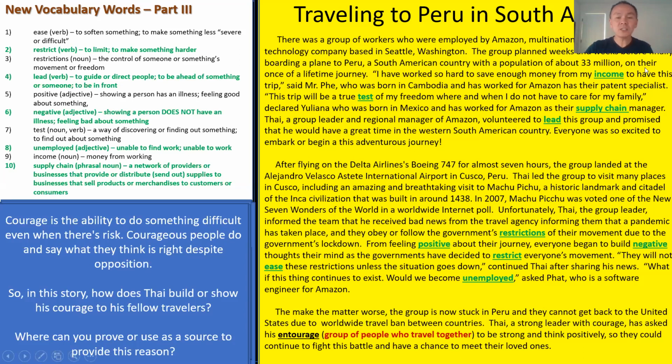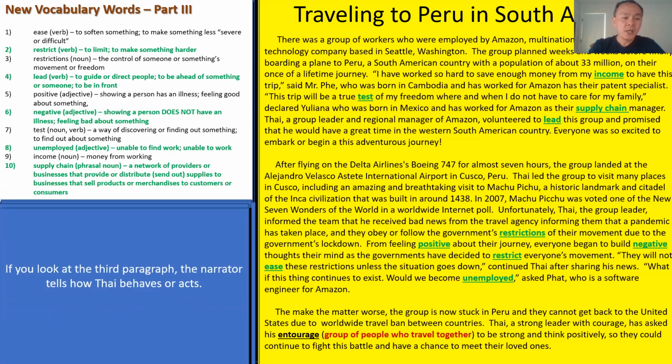So in this story, how does Thai, the protagonist, the main character, show courage? So where can you prove, where can you cite, where can you provide evidence, okay? So if you look at the first paragraph, the second paragraph, and the third paragraph, the narrator tells how Thai behaves or acts, okay?